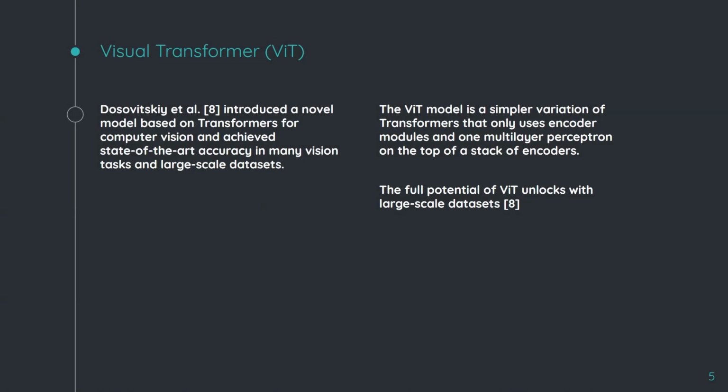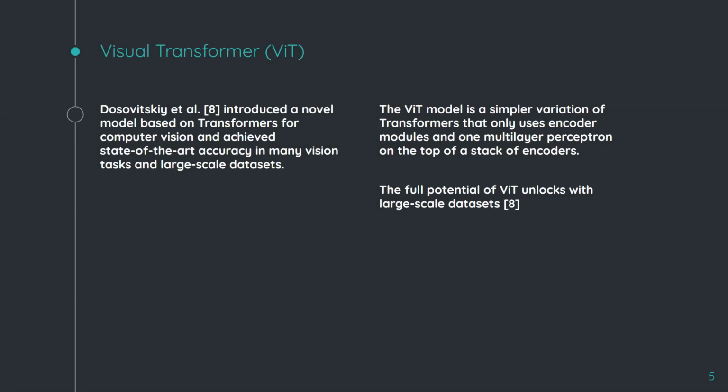Visual Transformer, or ViT, is a novel deep learning model in the computer vision research community. The transformer architecture was initially introduced in natural language processing. After achieving competitive results in comparison with previous models like RNNs, it gained much attention in the research community.